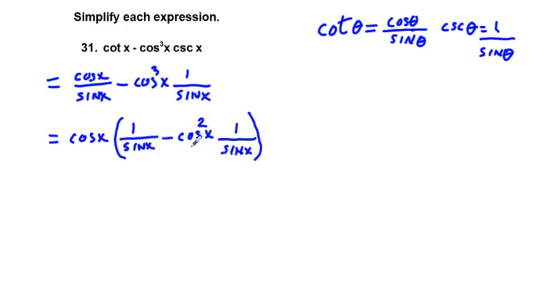And so now we're going to rewrite this expression over a common denominator of sine x. So we have cosine x times the numerator 1 minus cosine squared x, over our common denominator of sine x.